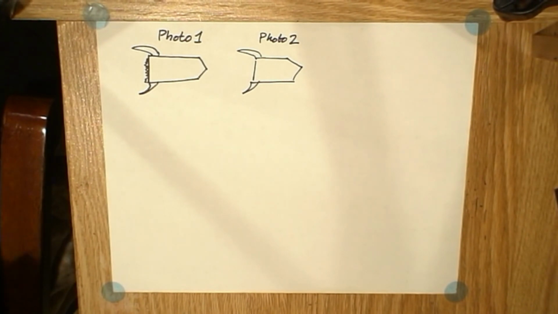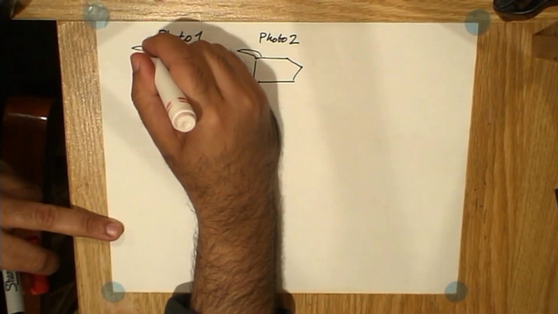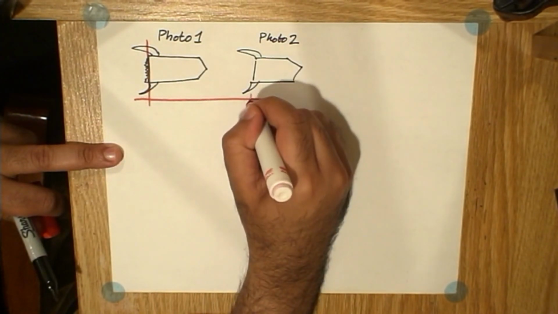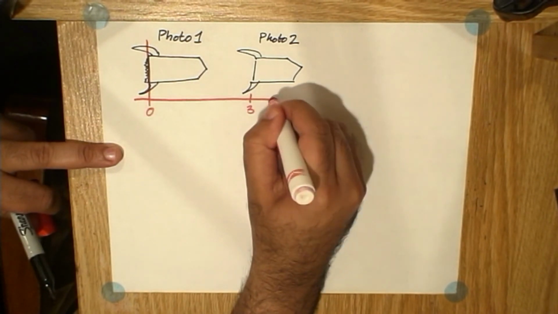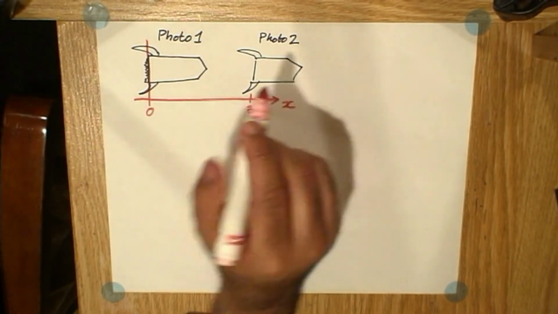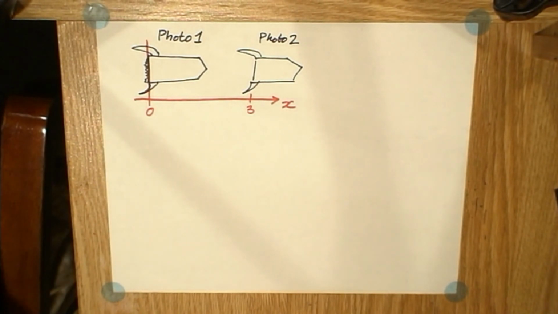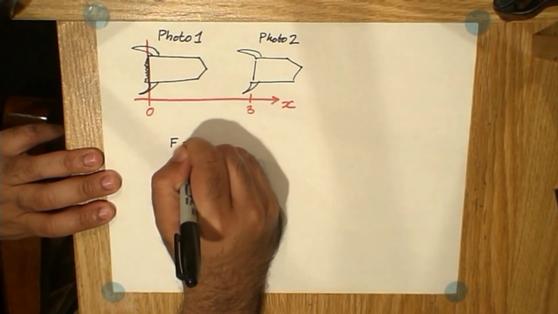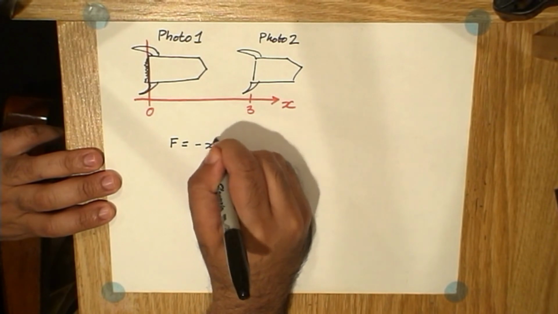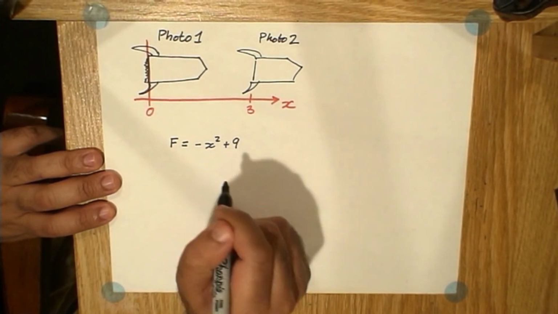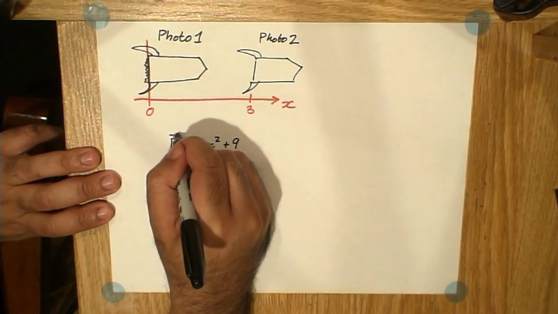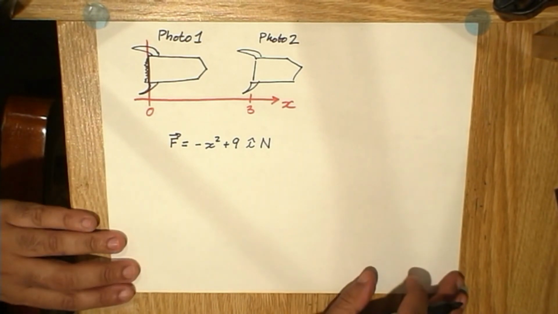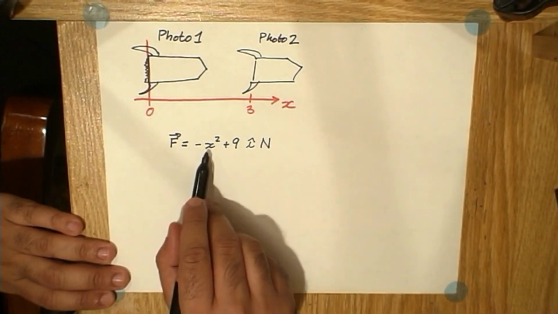And what we were told was that the distance that it travels from the point where it turns on its thrusters to the point where it turns off its thrusters is 3 meters. We were also told that the force of the thrusters was given by negative x squared plus 9. And the way that I've drawn this force vector would be in i hat, and this whole thing would be measured in newtons. This is a variable force.